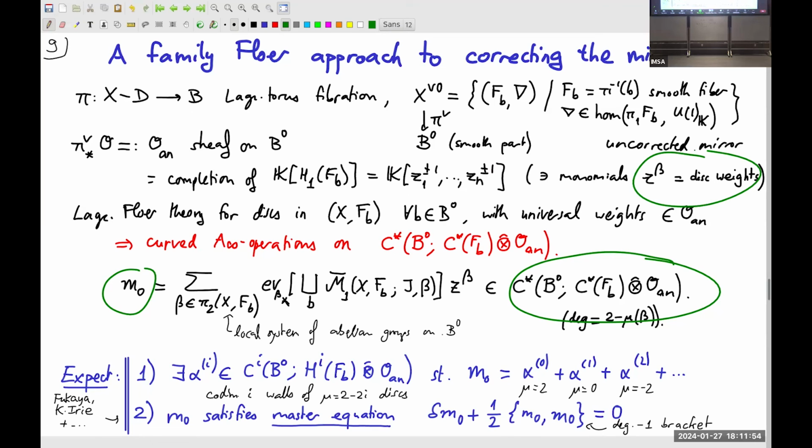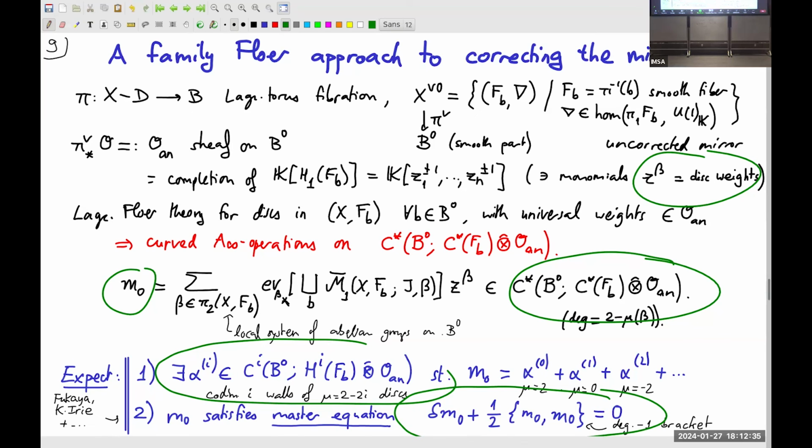And the expectation is that it will again be a sum of terms that live in codimension I in the base, codimension I in the fiber, corresponding to codimension I families of Maslov 2 minus 2I disks. And the next expectation is that this M0 satisfies a Maurer-Cartan or master equation. And I'll explain to you why this produces a consistent, extended deformed Landau-Ginzburg mirror almost automatically if this equation holds.